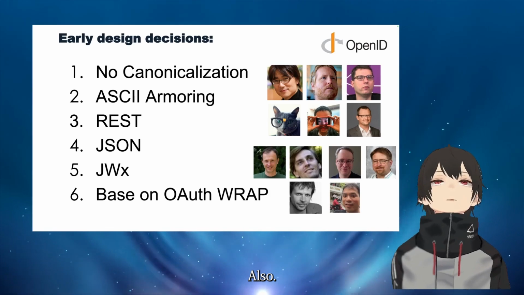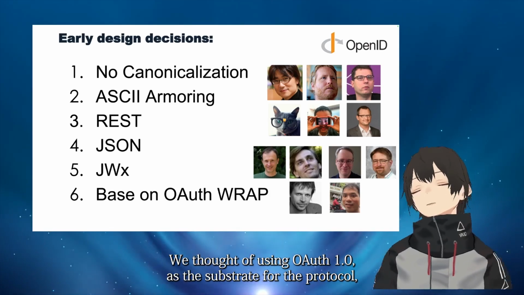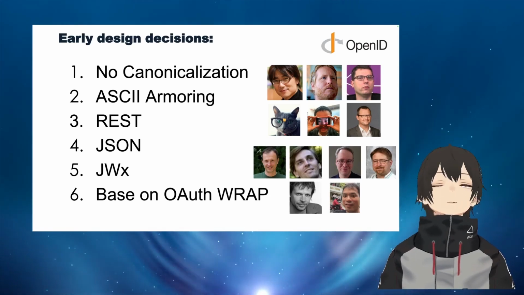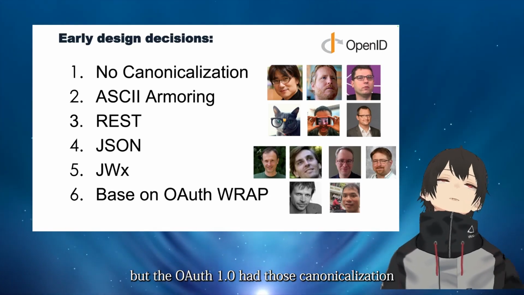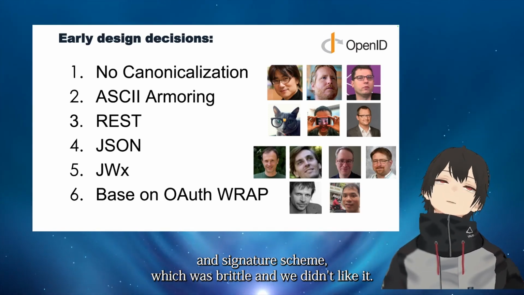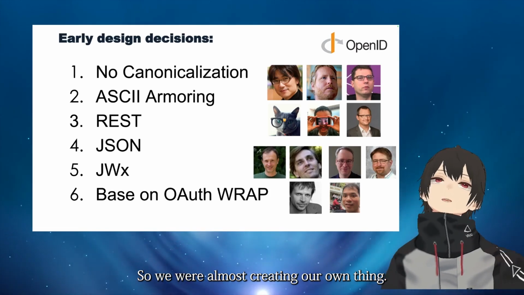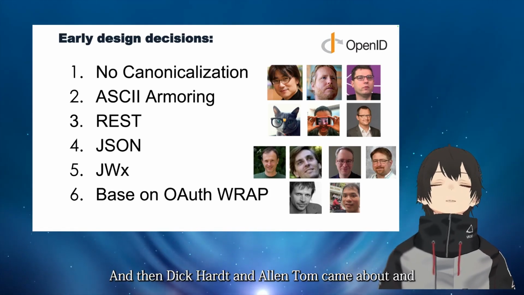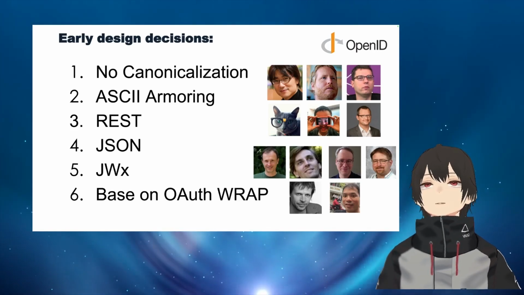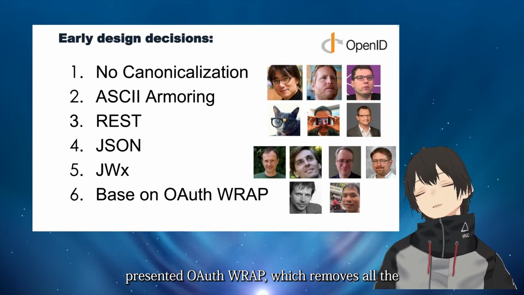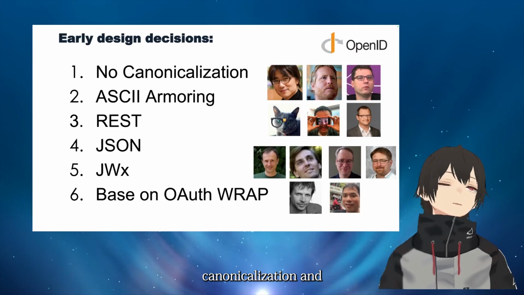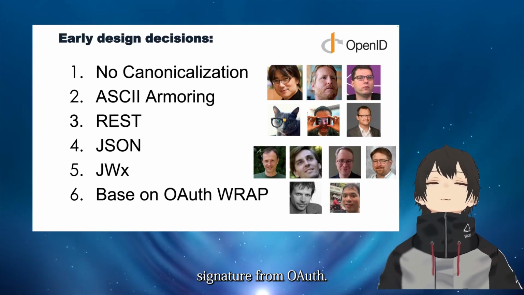Also, we thought of using OAuth 1.0 as the substrate for the protocol, but OAuth 1.0 had those canonicalization and signature schemes, which were brittle, and we didn't like it. So we were almost creating our own thing, and then Dick Hardt and Allen Tom came about and presented OAuth WRAP, which removed all the canonicalization and signature from OAuth.